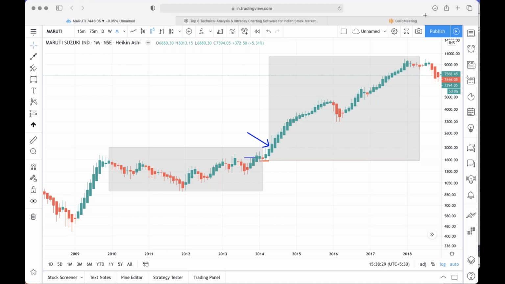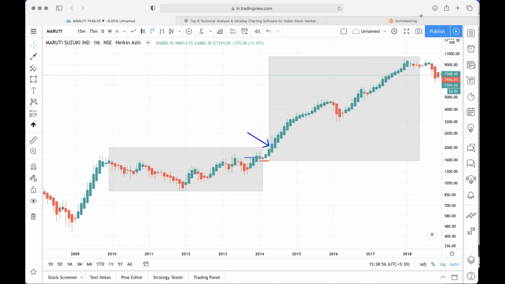What is happening that the same concept could yield us amazing returns, whereas the same concept just did not give us any returns at all in the same stock, the same company, and within the same span of time also. And the same monthly chart, it's not that we are comparing monthly with daily or intraday.